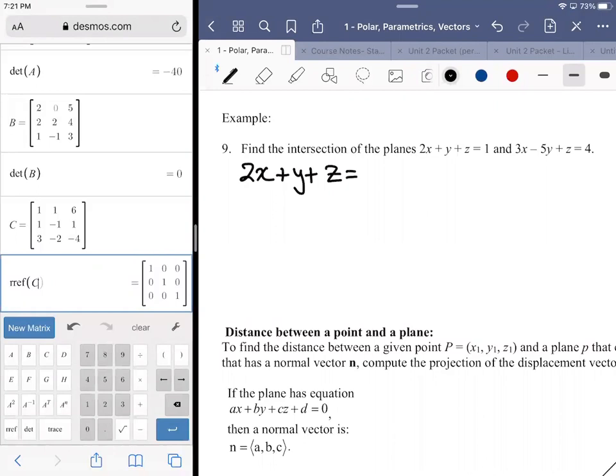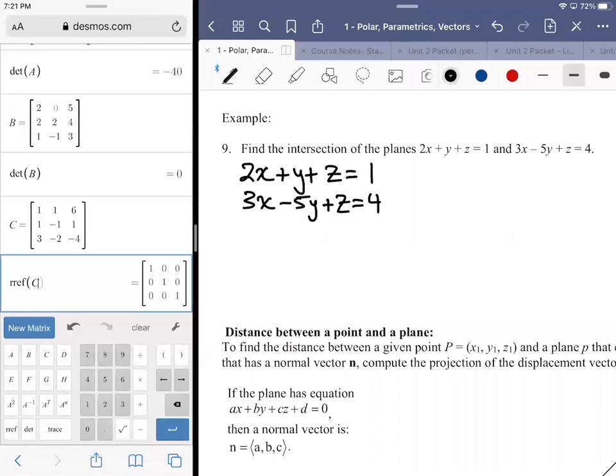So here's one equation, the equation of a plane: 3x minus 5y plus z is equal to 4. What I want to do is, again, find the intersection between these two planes.